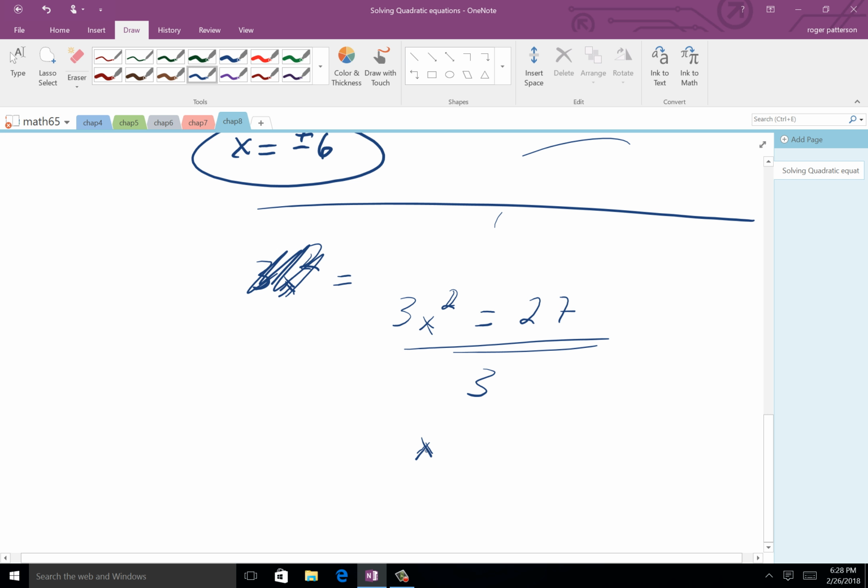So we're going to get x squared equals 9. Then we square root that. And then what are we going to get for an answer? Yeah, but not just 3, right? You're going to get plus or minus 3, because it could be a negative 3.